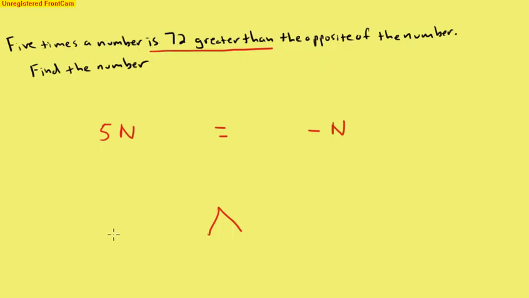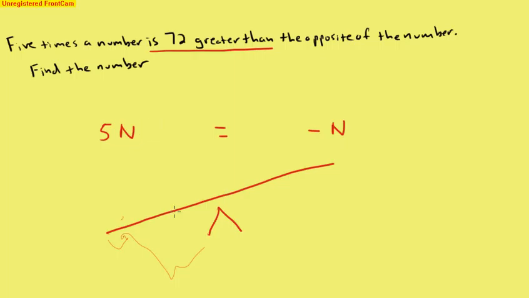So really, the scale is tipping this way because 5 times the number is 72 greater, so it's heavier. There are two ways to make it equal.